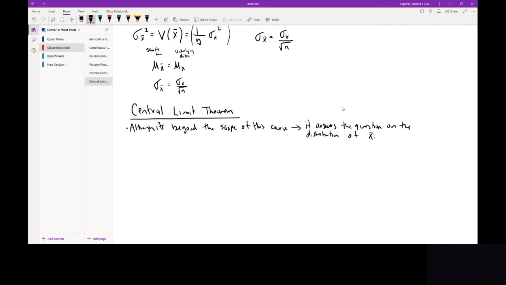What it says is that one of two things has to be true. One, x1, x2, dot dot dot, xn are IID normal random variables.